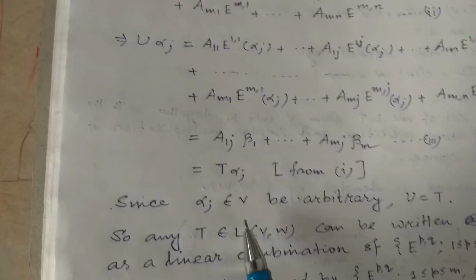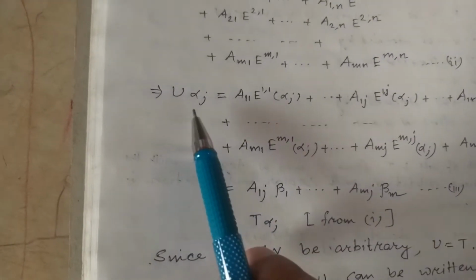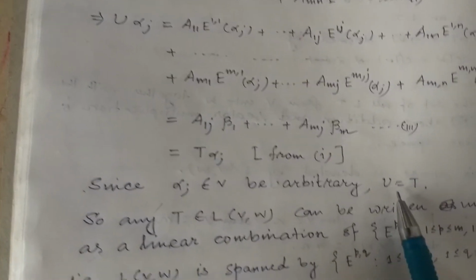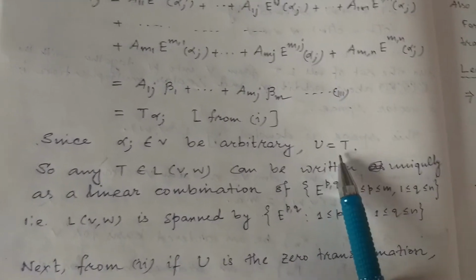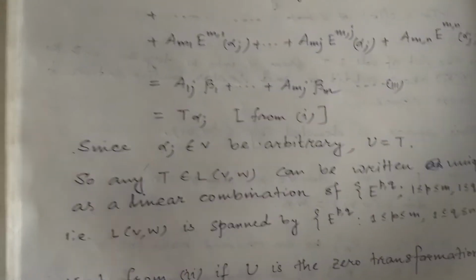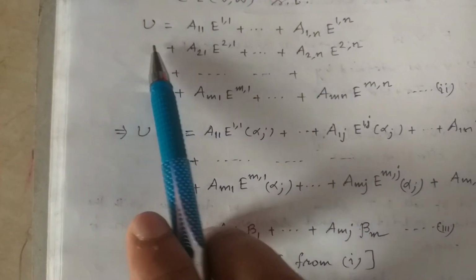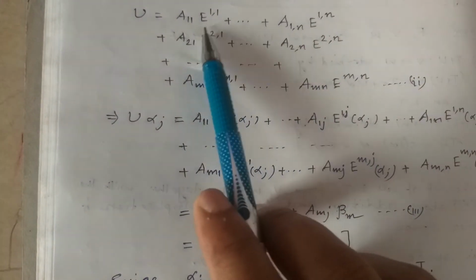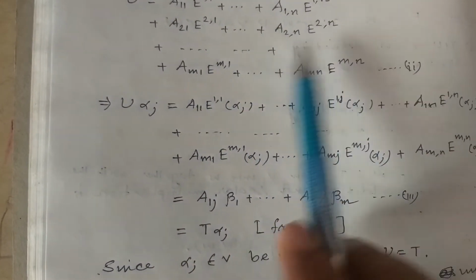Since alpha j is taken arbitrarily, we can change alpha 1, alpha 2 to any element. So U equals T, that means U(alpha j) equals T(alpha j) for all alpha j. Okay, so what we get is that any linear transformation can be represented as a linear combination of the elements E11, ..., E1n, E21, ..., E2n, and so on.